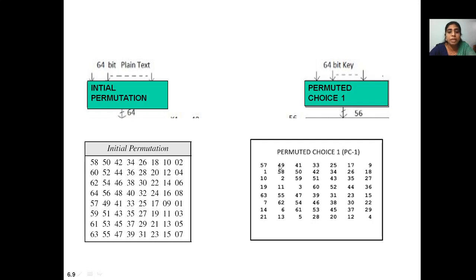So this permuted choice 1 takes the 64 bits, that is, bits 1 to 64.